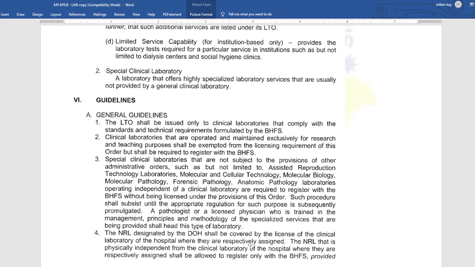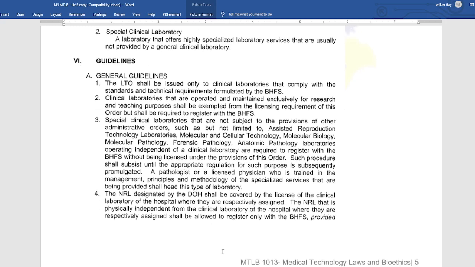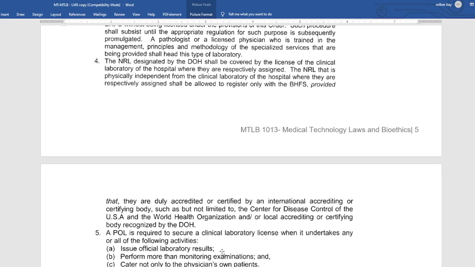So the NRL that is physically independent from the clinical laboratory of the hospital where they are assigned shall be allowed to register only with the BHFS. So if there is a separate national reference laboratory within the premises of a hospital, they don't need to secure a license to operate, but they need to register.